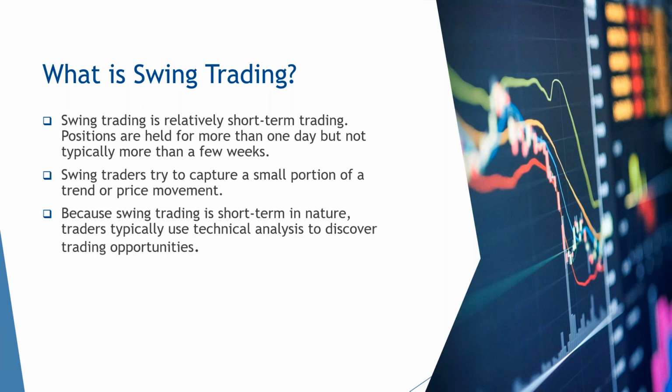Because of this short-term nature of swing trading, we're going to rely on technical analysis: things like trends, moving averages, and pattern recognition. Maybe you might know terms like supply and demand or support and resistance, but also assessing price movements in terms of something called average true range. That's just a few examples of the technical analysis that we might be using.